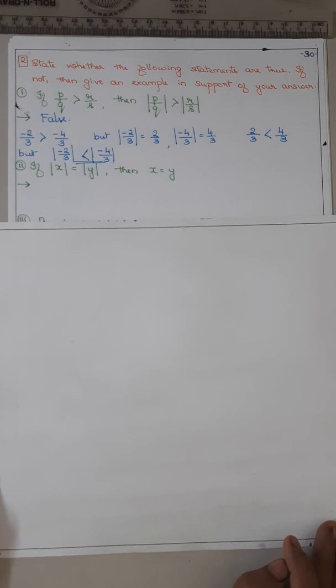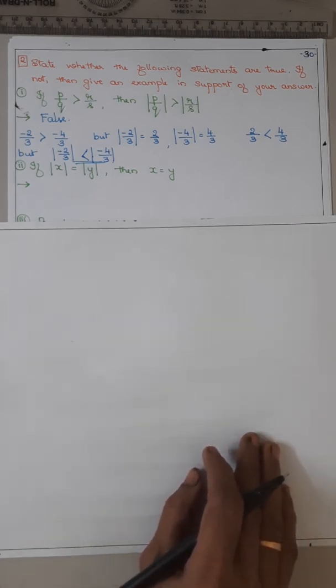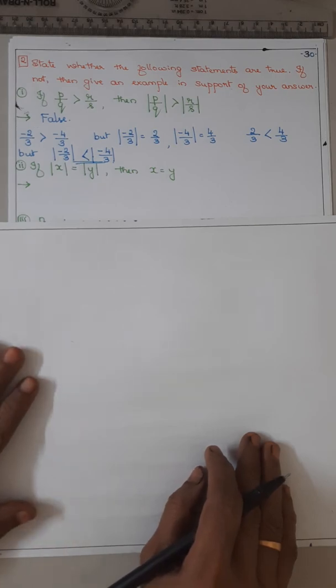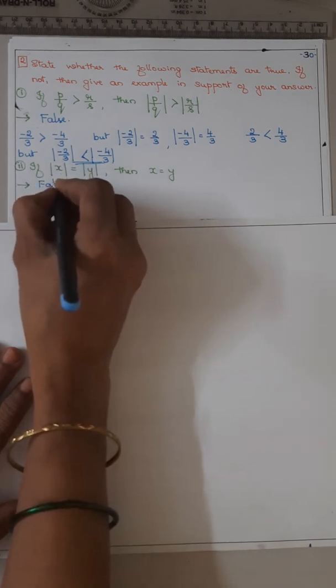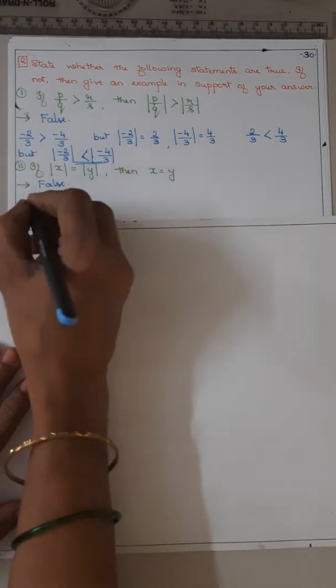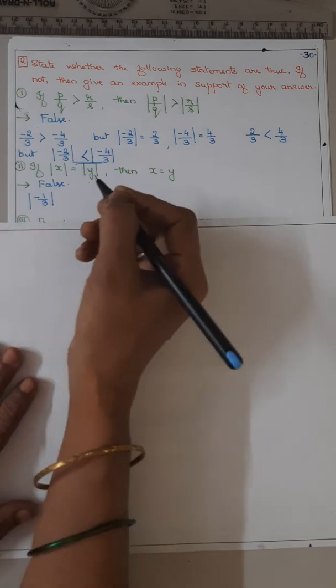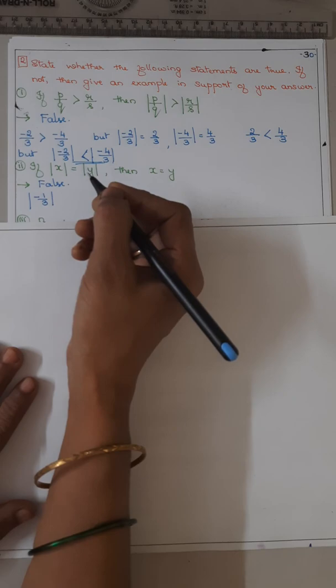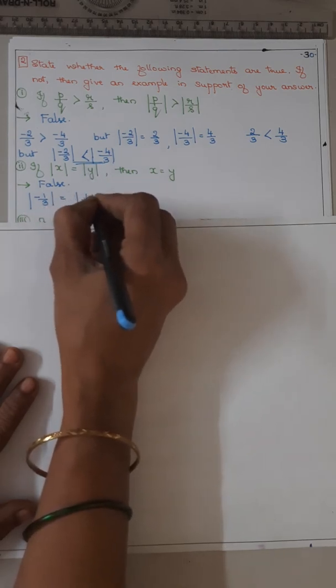Okay. Now coming to the second sum. If absolute value of x is equal to y, then x is equal to y. No, again it is false. Why? Absolute value of minus 1 by 3 is equal to absolute value of 1 by 3.